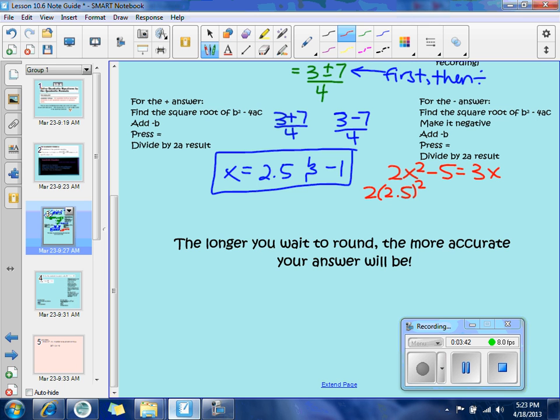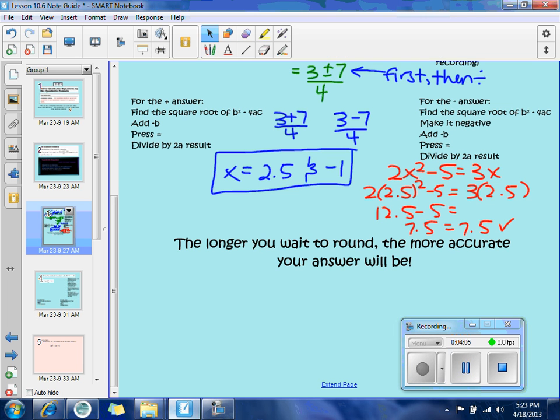Well, 2.5 squared is 6.25. Yep, 6.25. And times 2 is 12.5. Minus 5 gives me 7.5. Guess what, 3 times 2.5 is 7.5. We actually get the two values of the variable that make this equation true.